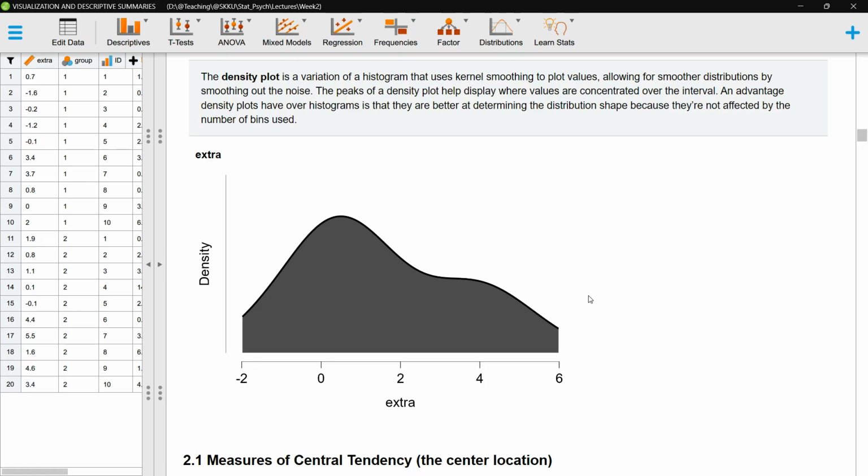But in the density plot, we don't have to create the bins, so we don't have to decide the number of bins or the width of the bins. It is calculated automatically from the smoothed values like this. So there is just a single solution of the distributional shape when we use a density plot.